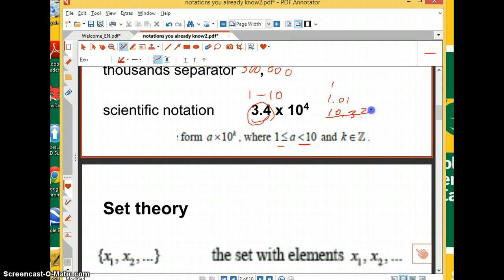No, you can't. That's too big. The biggest number you can have is like 9.999. So you're always going to use a number between 1 and 10, and then you multiply it times an exponent, 10 to the fourth power, for example. Remember that this Z here means integers, so positive or negative whole numbers.